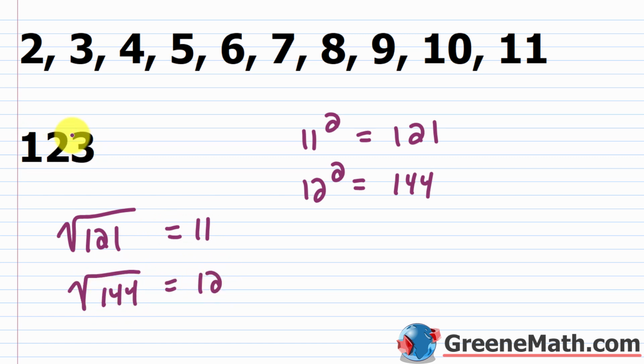Well, this number 123 is between those two numbers. In other words, 123 is greater than 121 and less than 144, so the square root is going to be somewhere between 11 and 12. I don't actually care where it is because I'm just going to go down to 11, right? So I only have to check up to 11.